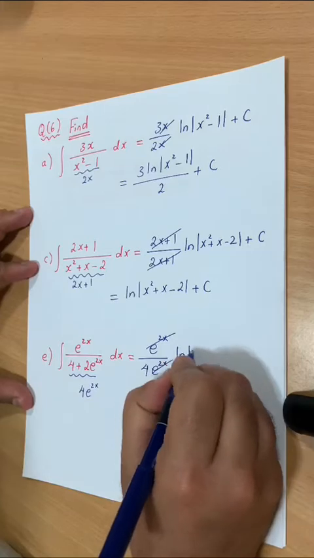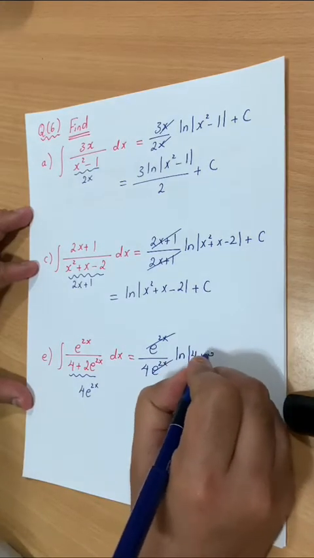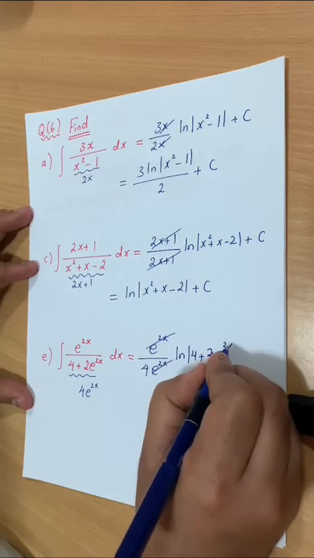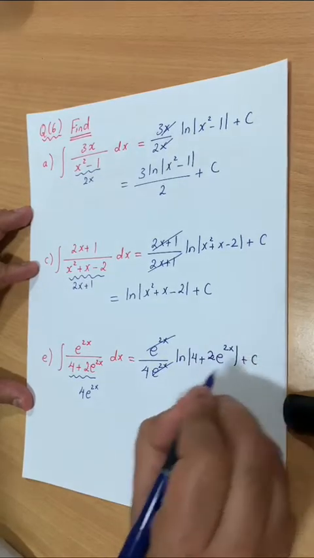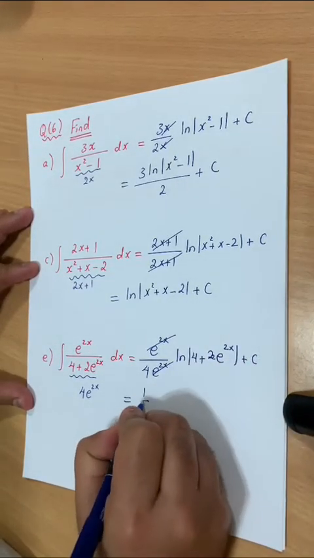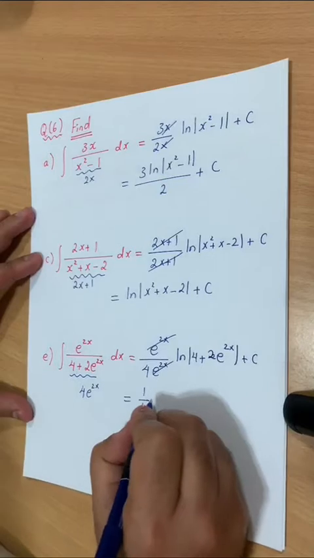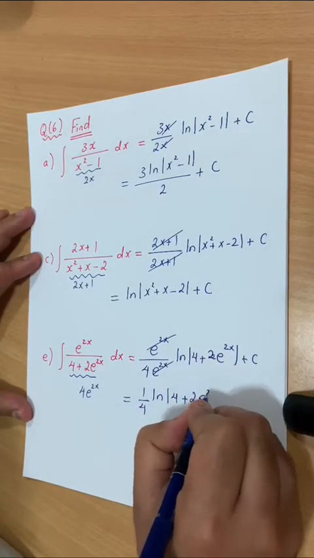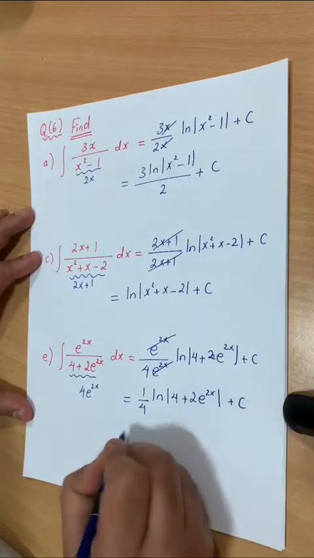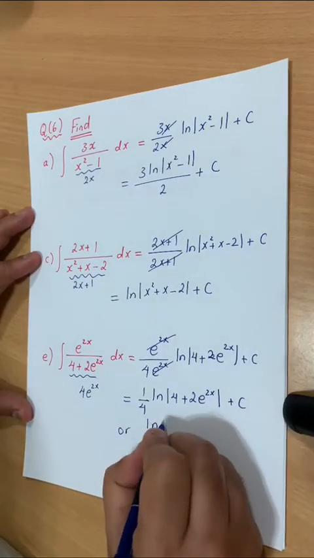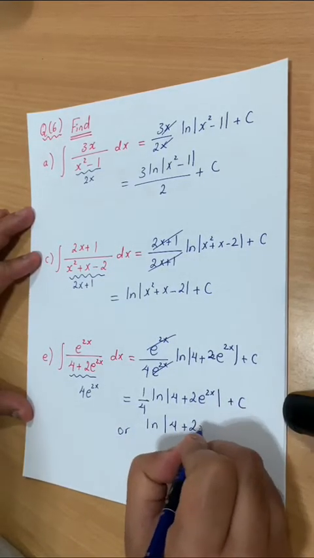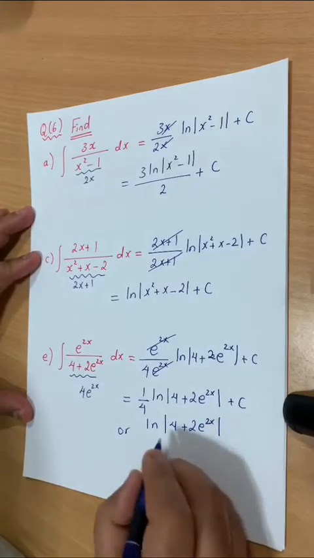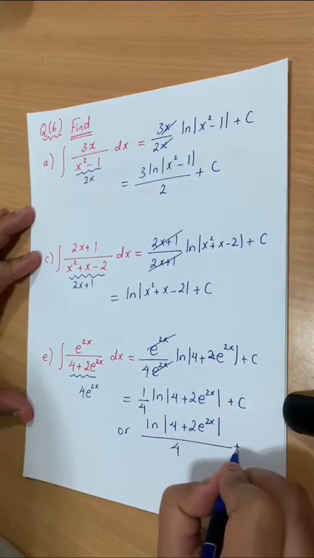Then ln of the denominator, 4 plus 2 e power of 2x plus c. So the answer is a quarter ln modulus of 4 plus 2 e power of 2x plus c, or ln of 4 plus 2e power of 2x divided by 4 plus c.